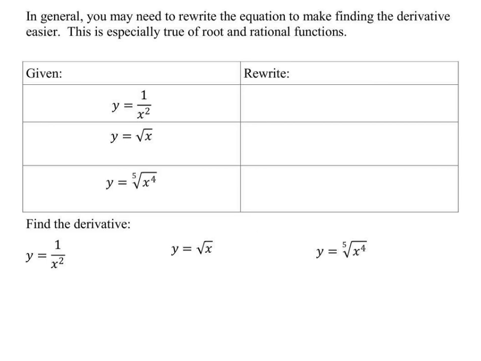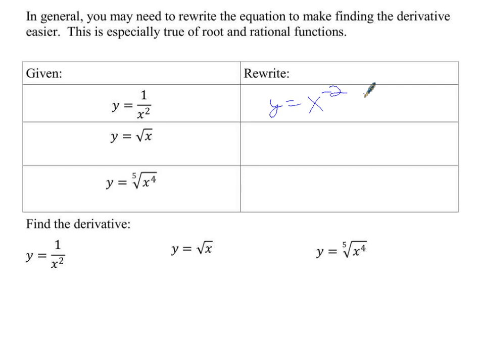Okay, so in general, you may need to rewrite the equation to make finding the derivative easier, especially if you're dealing with root functions or rational functions. So if I give you y equals 1 over x squared, you would want to rewrite that as y equals what? x to the negative 2.